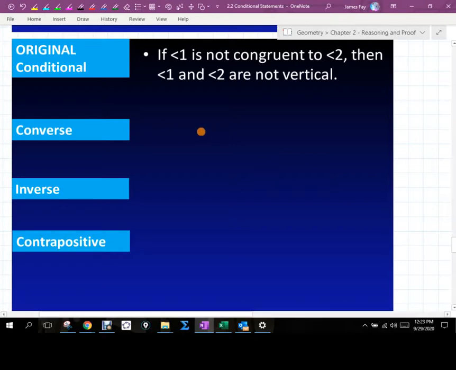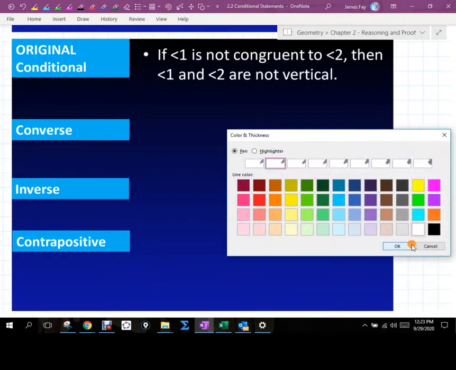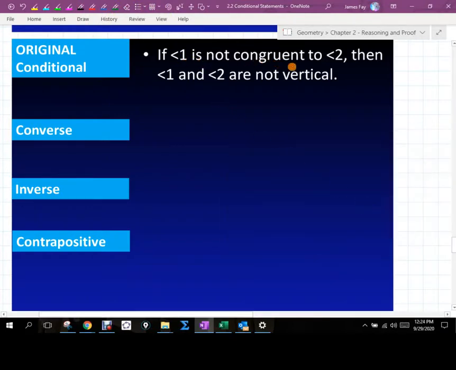So if I'm looking at this and I want to determine the truth value of these, if angle 1 is not congruent to angle 2, then angle 1 and angle 2 are not vertical. I struggle with that. I don't know if that's true or false. Let's come up with these other statements and see if we can help us decide this true or false. So the converse. I'm going to highlight my hypothesis and I'll highlight my conclusion.